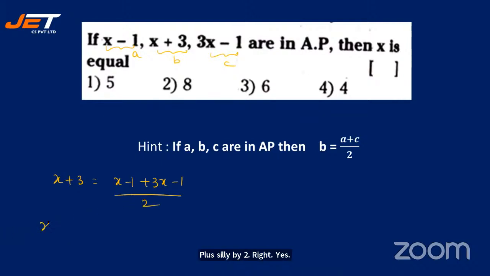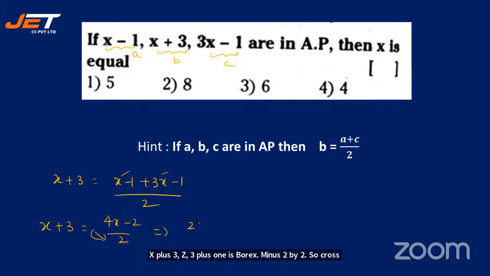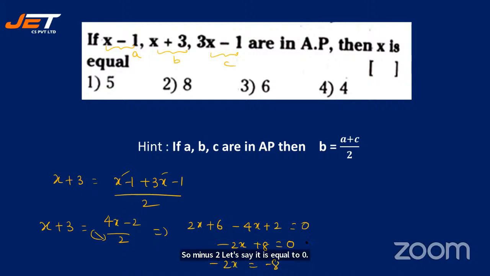So solve for x. x plus 3 is equal to 4x minus 2 by 2. So cross multiply. You will get 2x plus 6 minus 4x plus 2 is equal to 0. So minus 2x plus 8 is equal to 0. Minus 2x is equal to minus 8, whereby minus minus gets cancelled. x is equal to 8 by 2, which implies x should be equal to 4. Let's check.